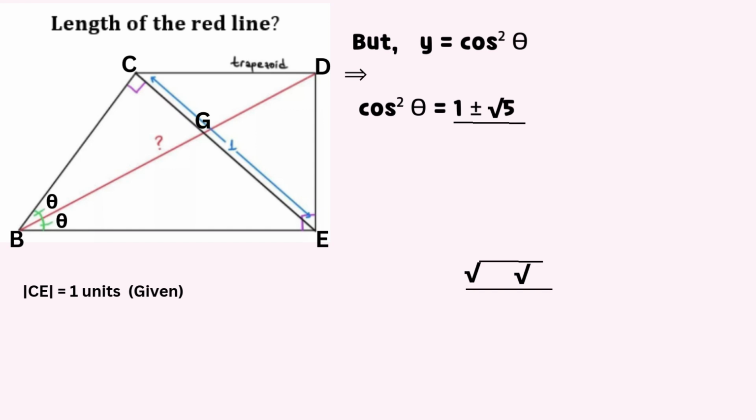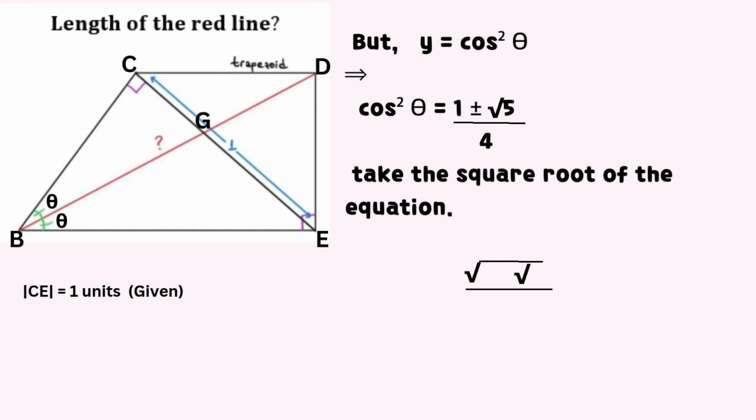But y equals cosine square theta. It means that cosine square theta equals 1 plus or minus the square root of 5, all divided by 4. Take the square root of the equation. Cosine theta equals plus or minus half the square root of 1 plus or minus the square root of 5.